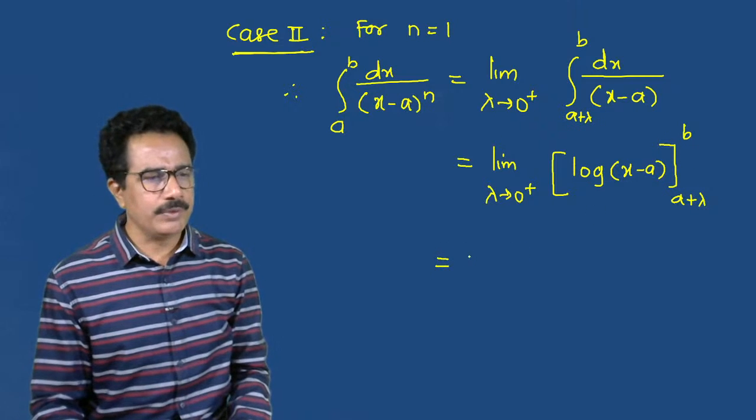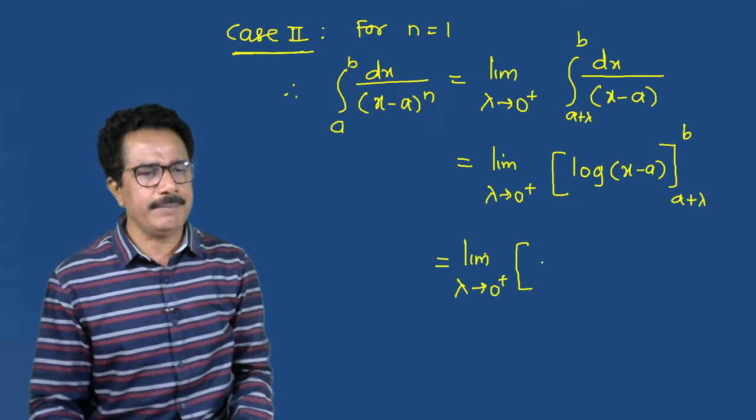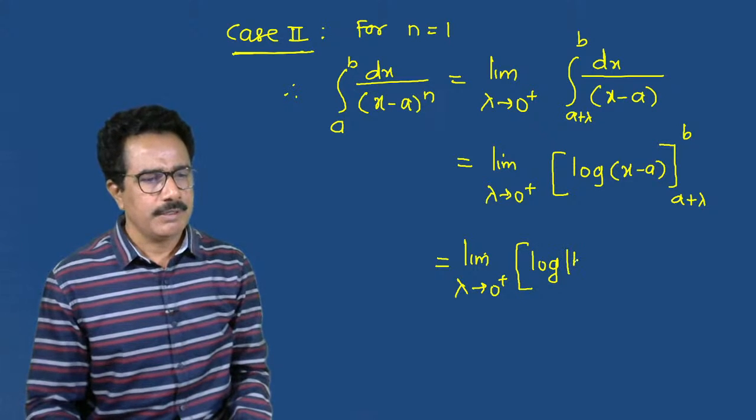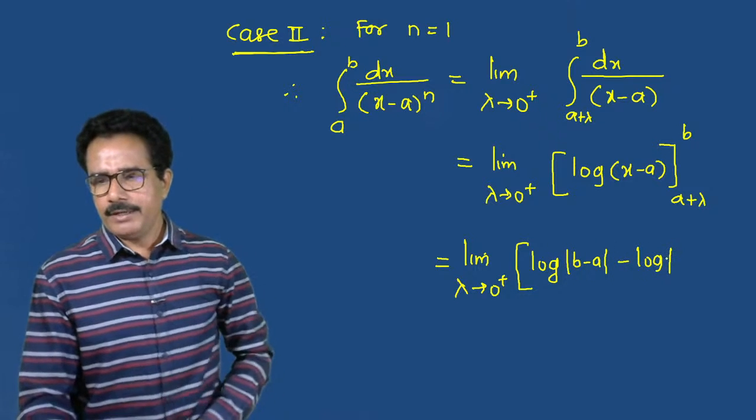So you can put the limit lambda tends to 0 positive, put the upper limit: log of b minus a minus log of lambda. Very good.